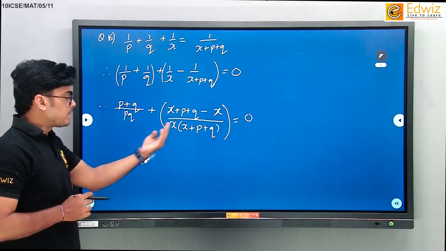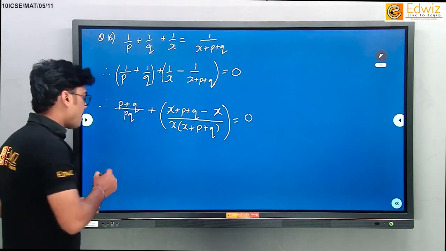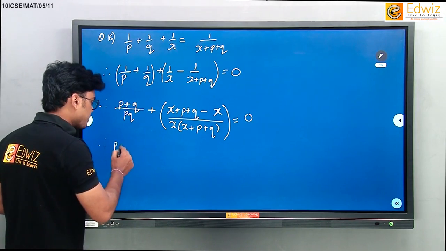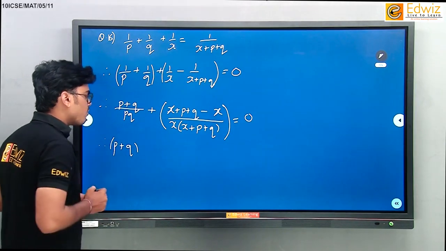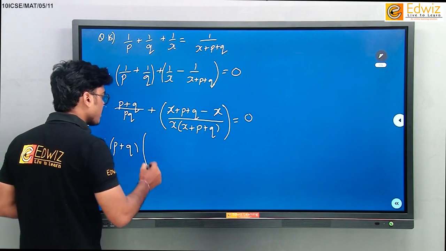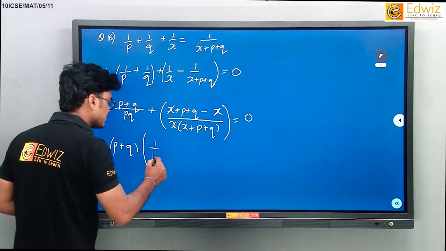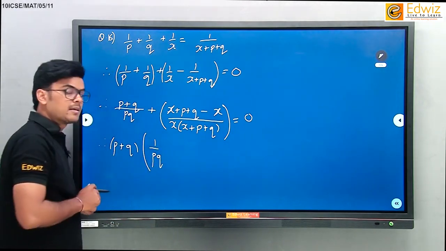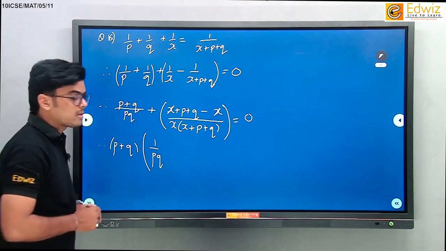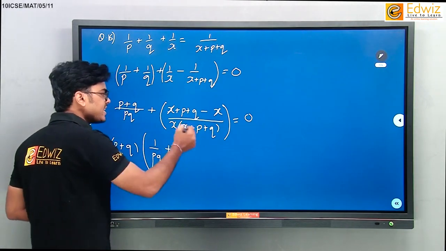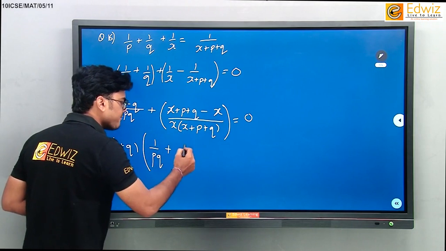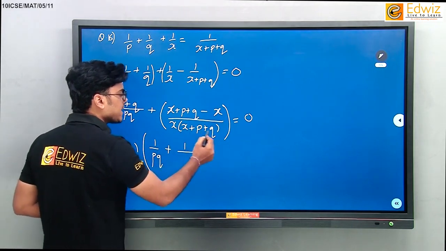In both the terms, p plus q can be taken common outside, so it will become p plus q in one bracket. What will be left behind is 1 upon pq. Since we have taken p plus q outside, 1 upon pq is left here, plus instead of this fraction, only 1 upon x multiplied by this bracket.